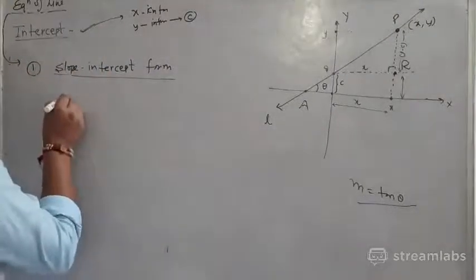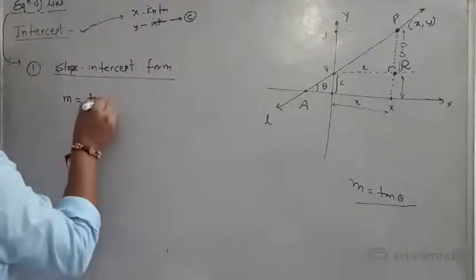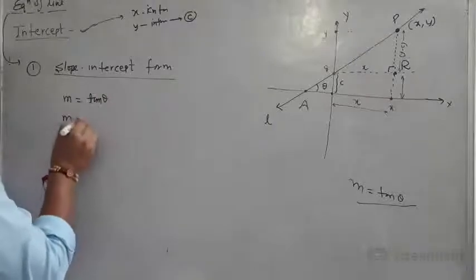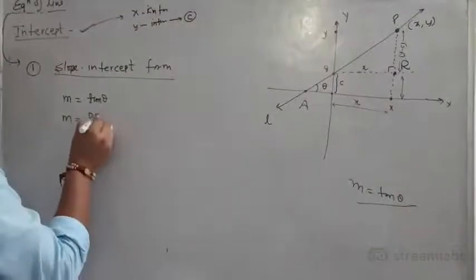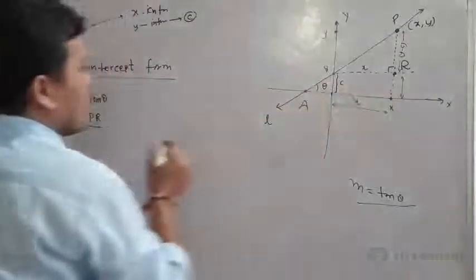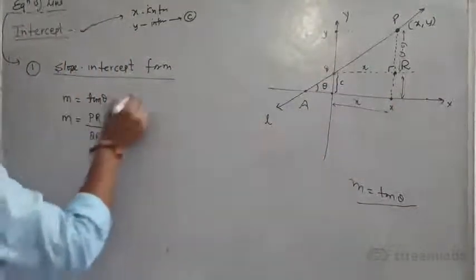You know that m is equal to tan theta. So m is equal to perpendicular upon base: perpendicular PR, base QR.